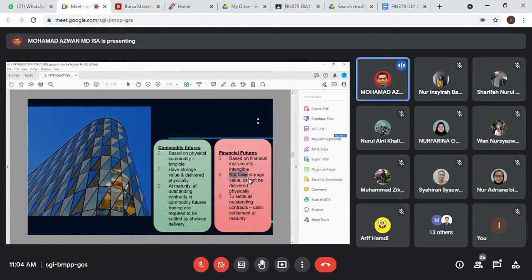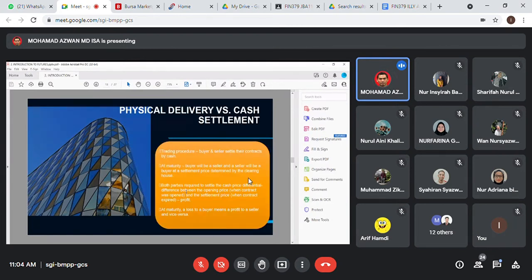Okay? There is no storage cost for financial futures. Okay, for example, FKLI lah, FKLI, FKB3, FMG3, all are financial futures. Okay, this one I have explained just now. Okay, difference between physical delivery and cash settlement.